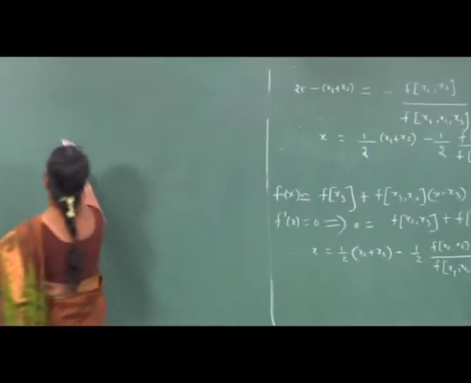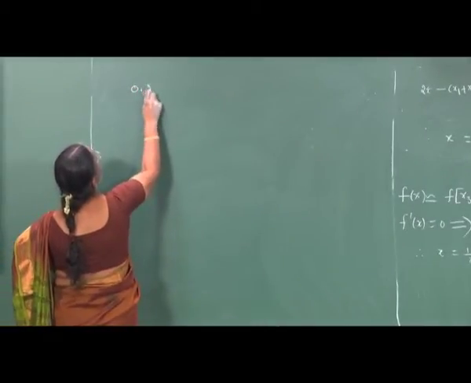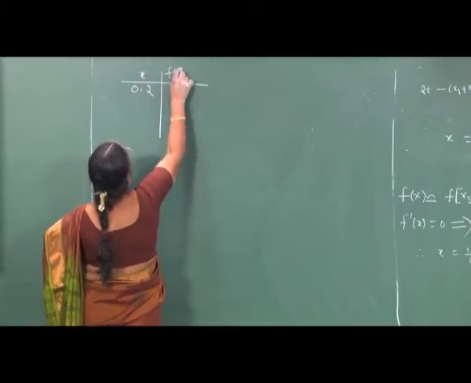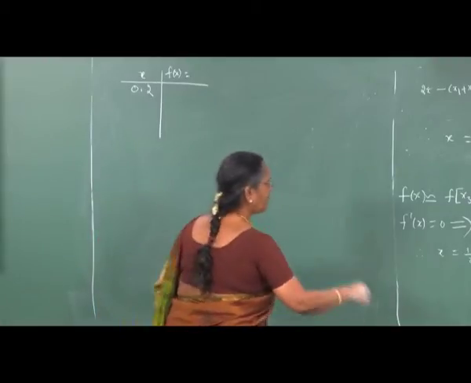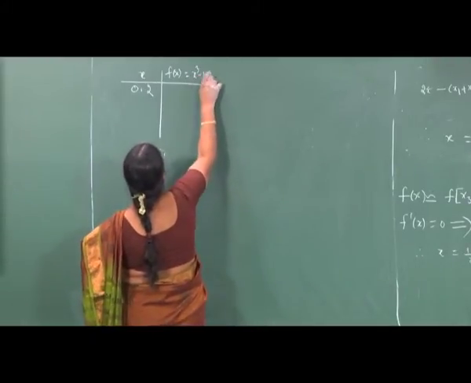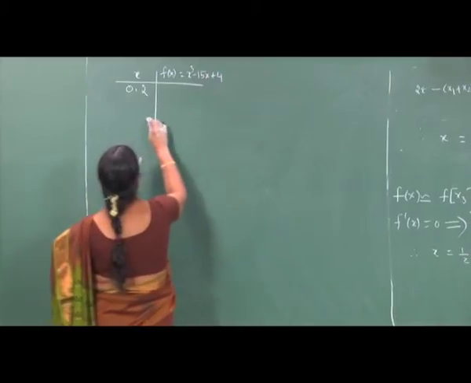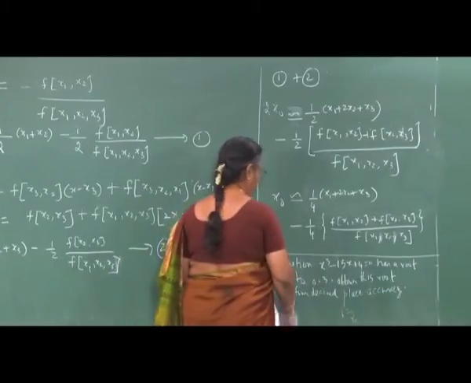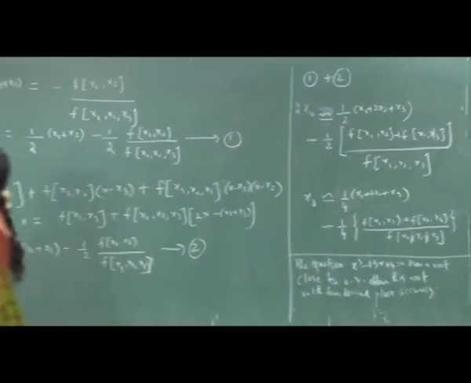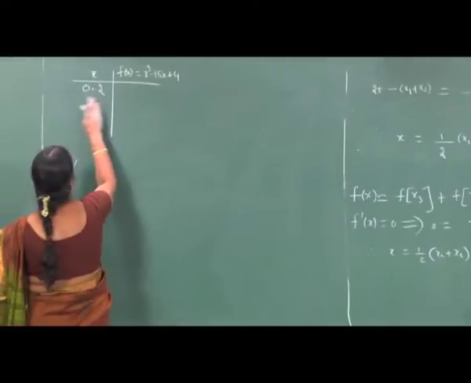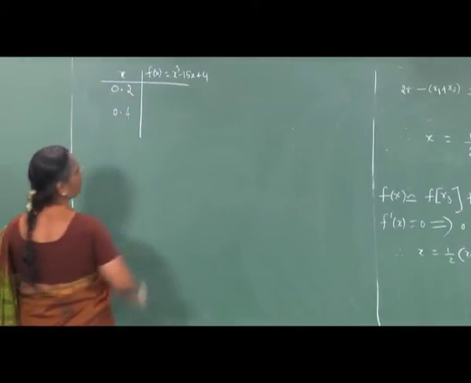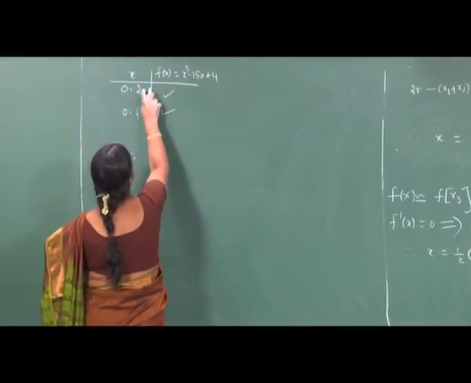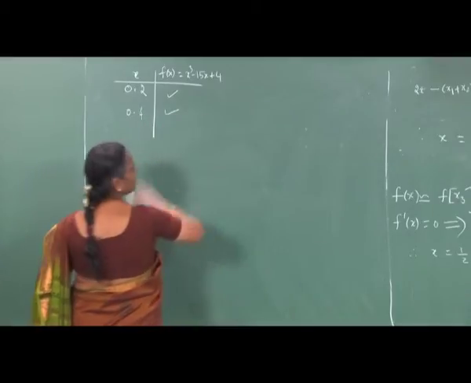Suppose I get the information about this function f of x, which is x cubed minus 15x plus 4, at some points in a neighborhood of 0.3, say at 0.2 and 0.4. Compute what f of x is by substituting x as 0.2 and x as 0.4.